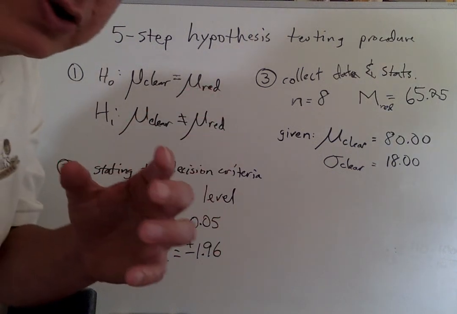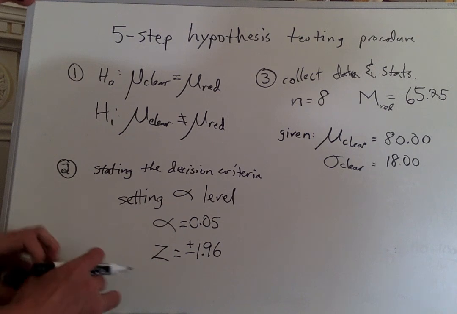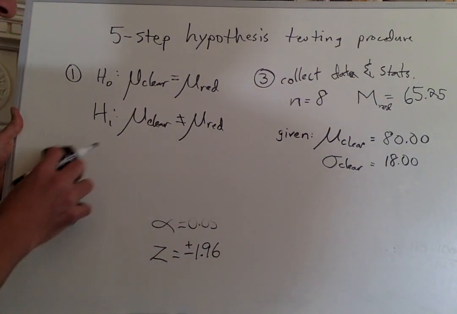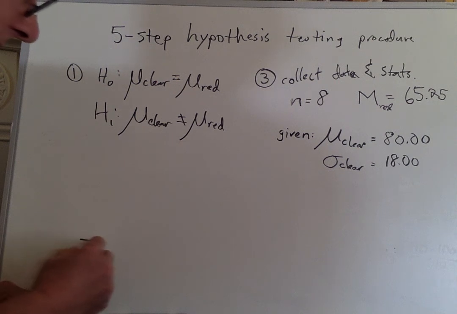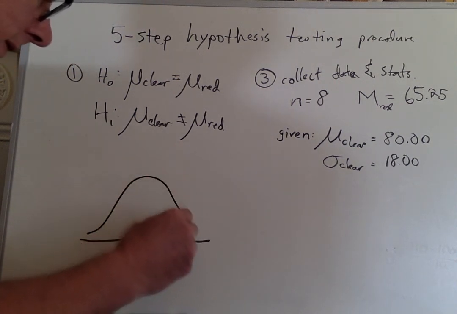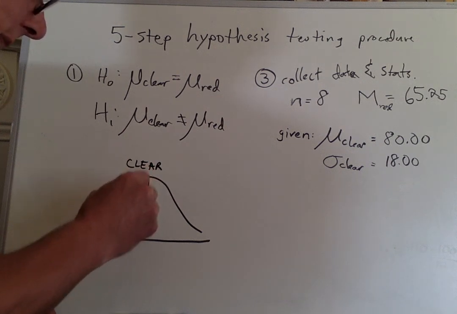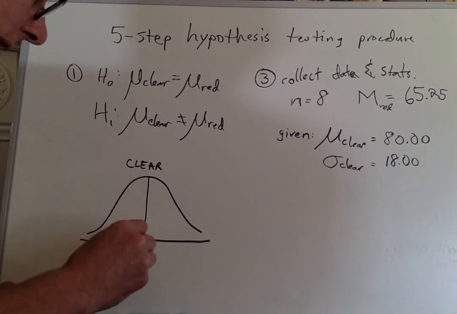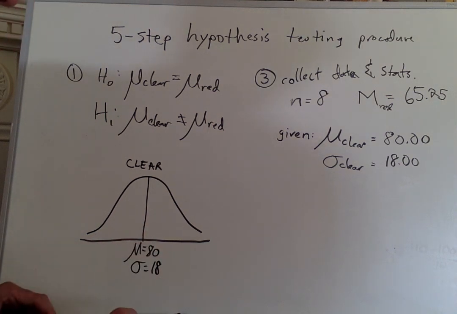So I'm going to show you this graphically. I'm going to erase this step 2. So here is the clear population, mean of 80, standard deviation of 18, okay?